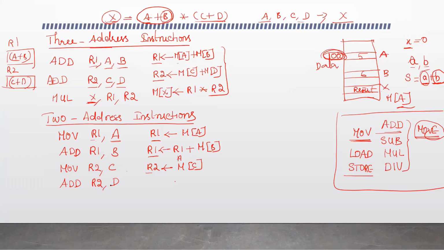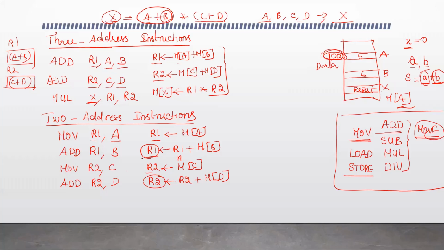So this performs C plus D. Okay, so we have the partial results in registers R1 and R2 now. A plus B is in R1 and C plus D is in R2.